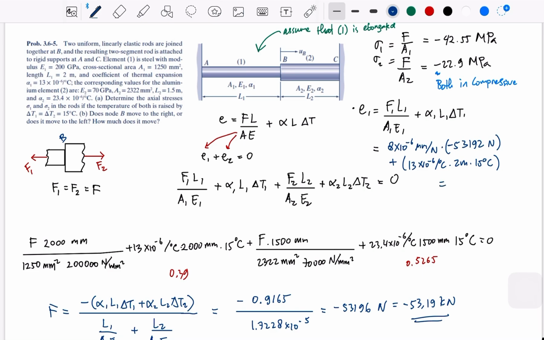And this should be negative 0.8155 millimeter.